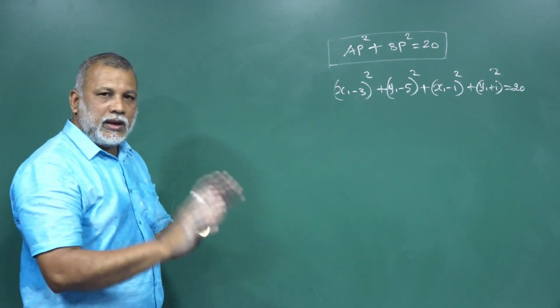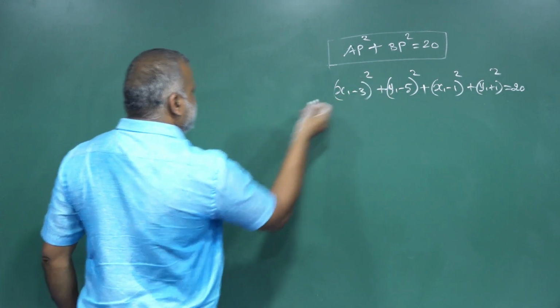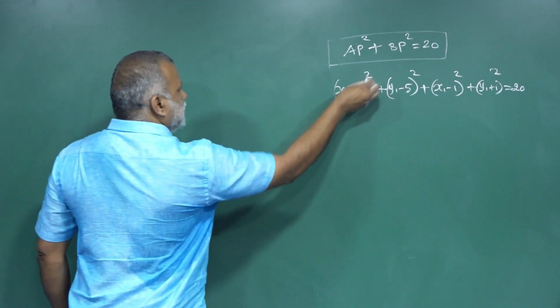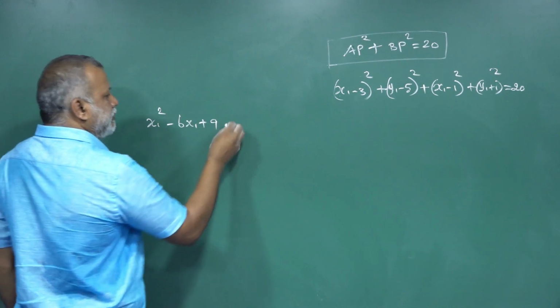So after applying the basics, expand it. x1 minus 3 is in the form of a minus b the whole squared. So x1 squared minus 2 times 3 is 6x1, plus 3 squared becomes 9.